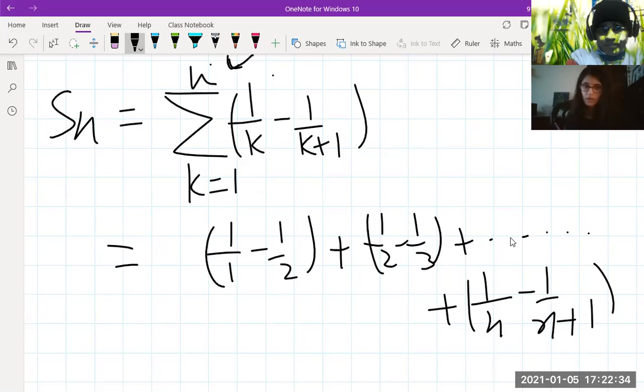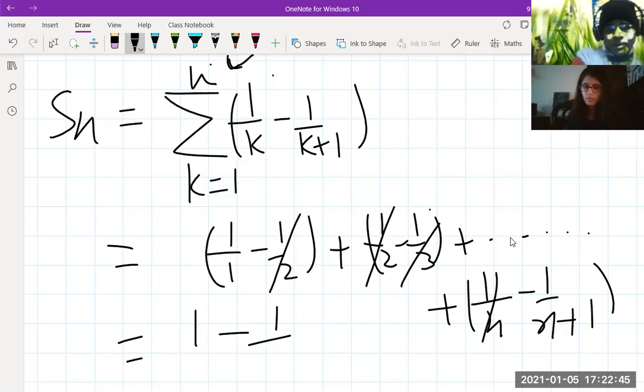If you observe, every next term is going to cancel. So just 1 upon 1 minus 1 upon n plus 1 remains. These two terms will remain, and the other terms will be cancelled out. 1 upon 2 minus 1 upon 2, plus 1 upon 3 minus 1 upon 3, and so on. So every middle term will be cancelled out.